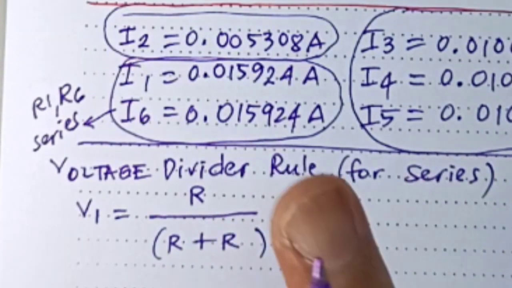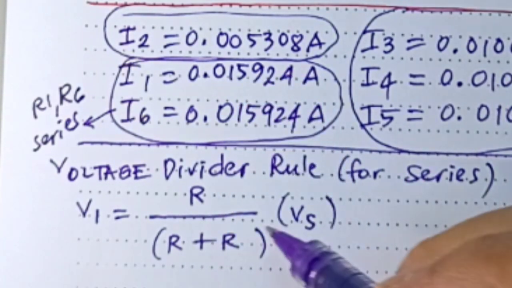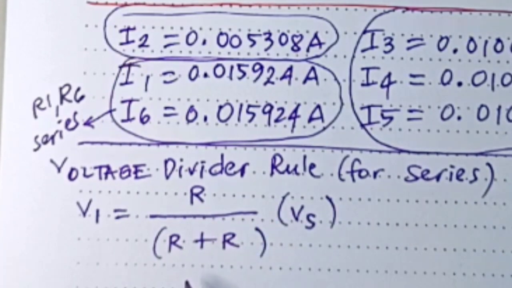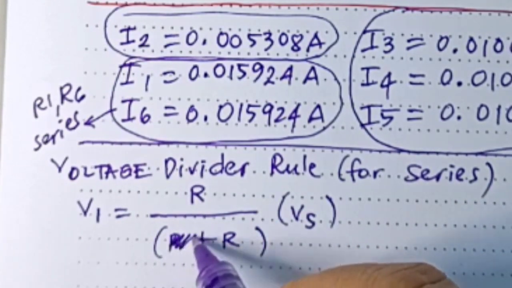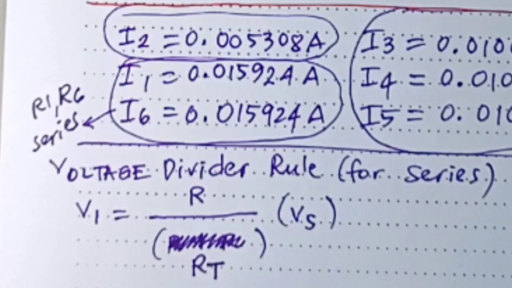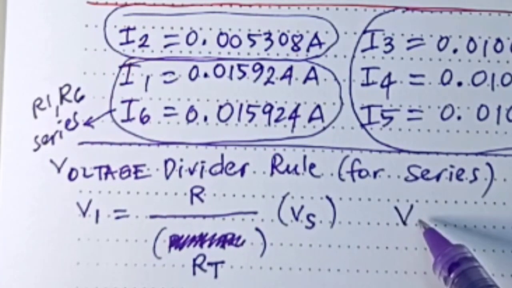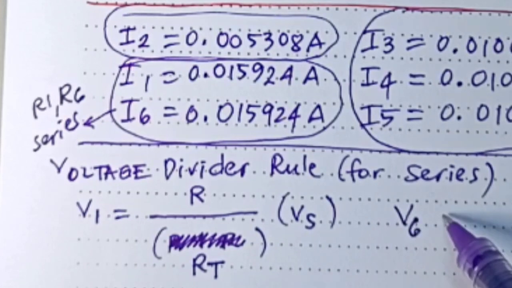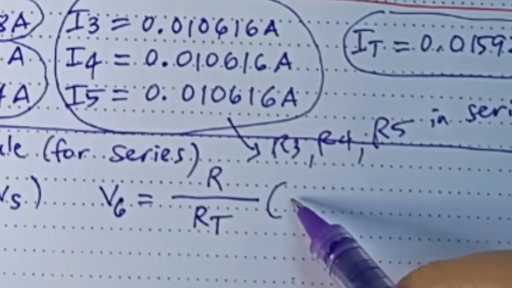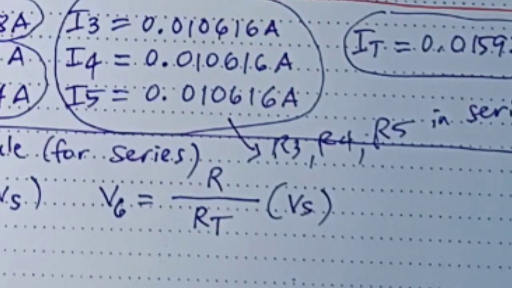If there's only two resistors, we can say that V1 is equal to R over R total. No need to write R plus R, but instead we will write here R total. And we will write V6 equals again R over R total multiply with VS.